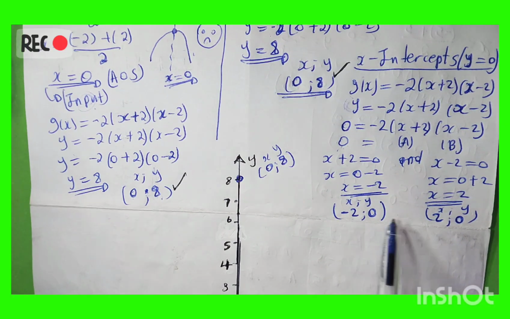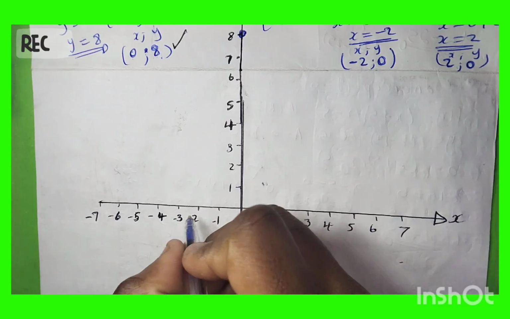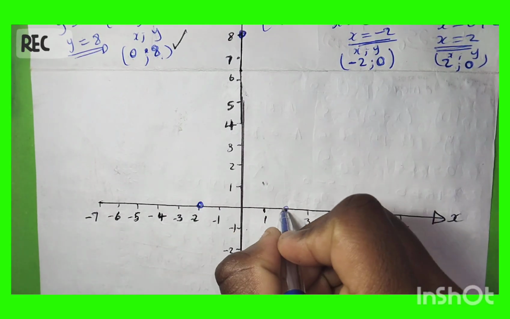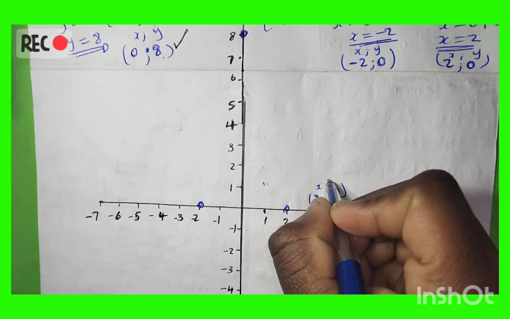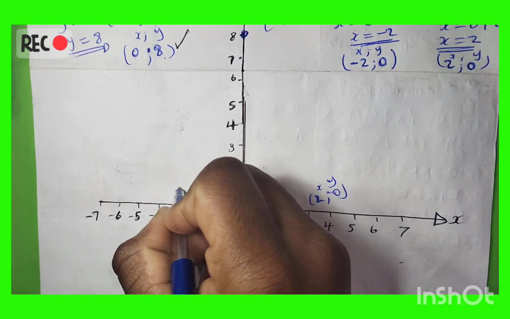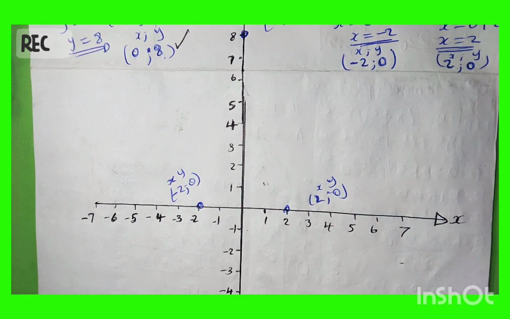Now let's plot these 2 points: -2 and 2. That one is (2, 0), x and y. And here it will be (-2, 0), x and y. Make sure, guys, you know how to plot, because if you don't know how to plot, it's a big challenge.